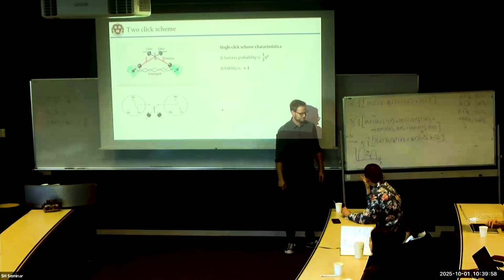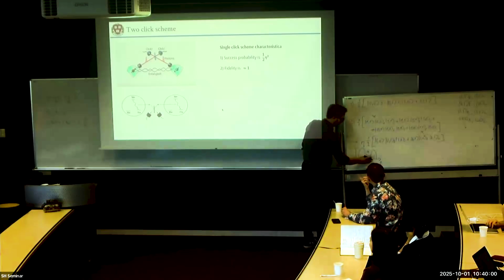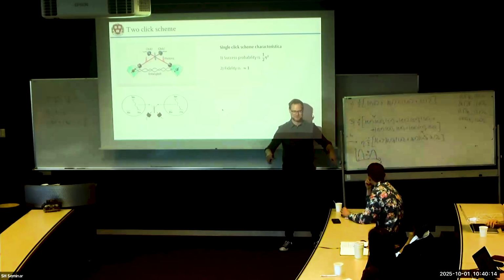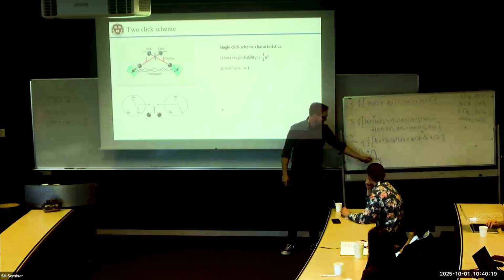What I'm writing here is kind of the distribution of emission times when I do my excitation, right? It's not going to be at one fixed time, it's going to be some distribution over this. And I want that distribution to be the same for the two NVs to get indistinguishable photons.